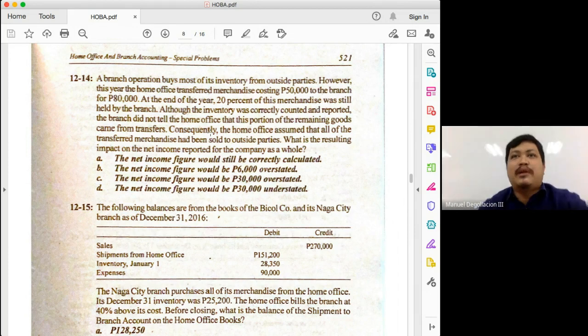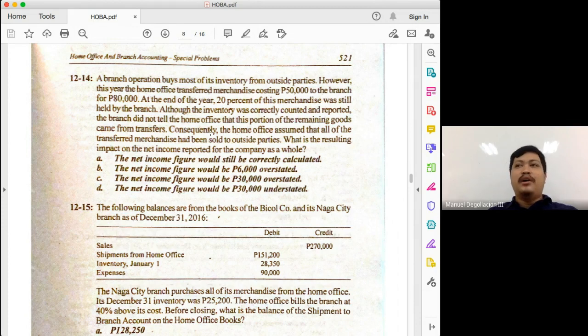So how much was the total markup again? 30,000. What happened to the 24,000? It was already sold. It was already realized. So what do you think happened to the 6,000? It is still unrealized, correct? So that means it will still go together with the inventory. And where can we find that?